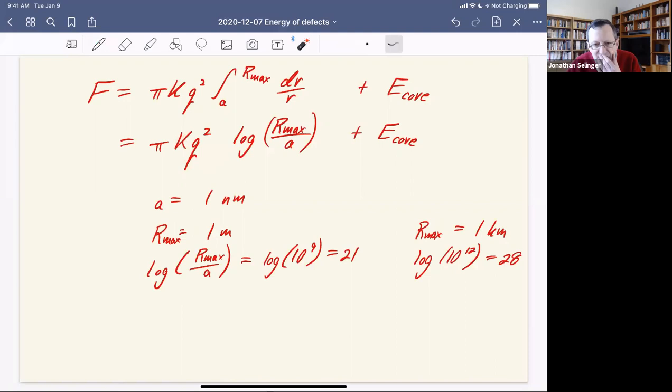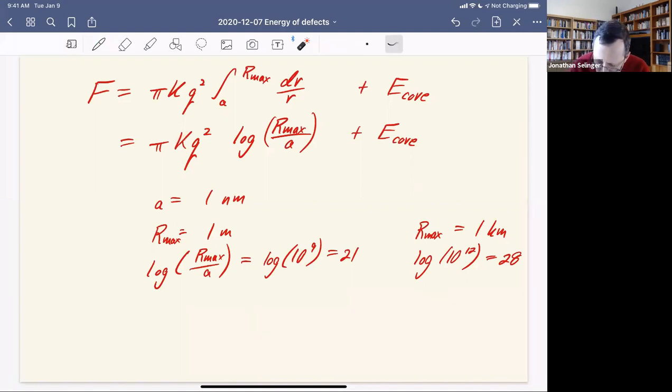It's proportional to Q squared. That tells us that large defect charges have a lot more energy than small defect charges. So that's a reason why highly charged defects tend to break up.